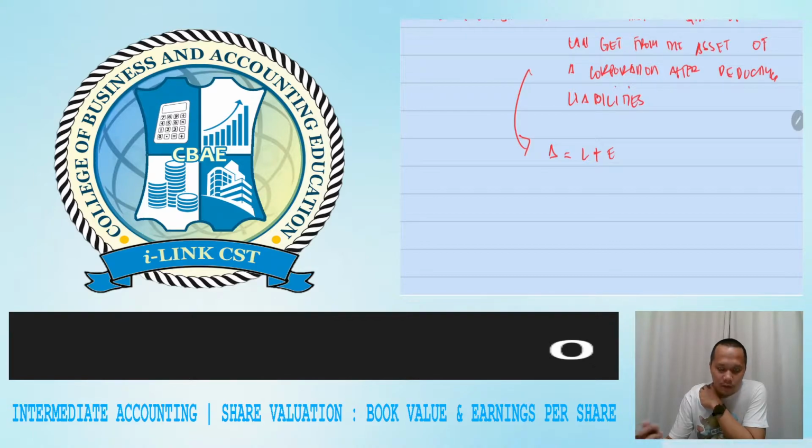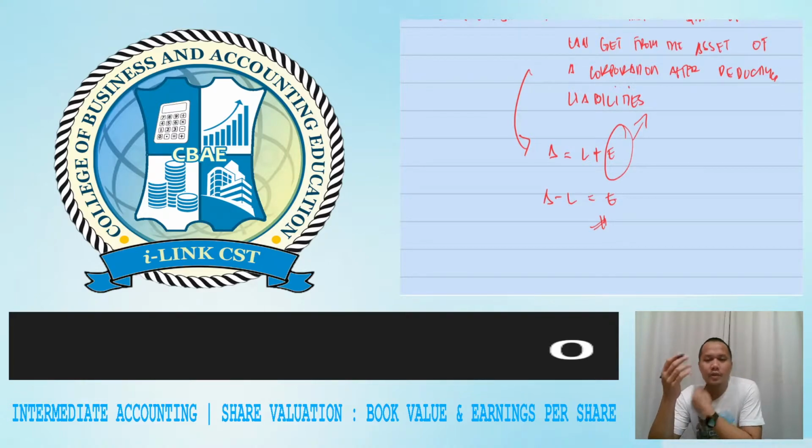If we are to represent this definition on what is a book value per share, then it basically means your equity. Correct? That is, asset minus liability equals your equity. Yeah? Ano yung equity na mapupunta sa isang shares of stocks? No?